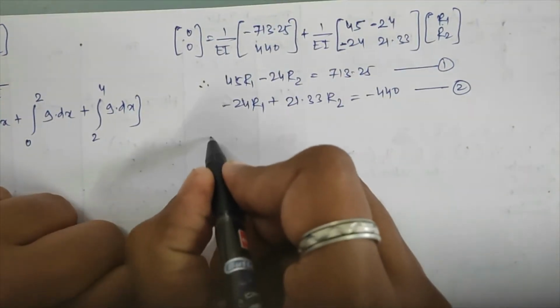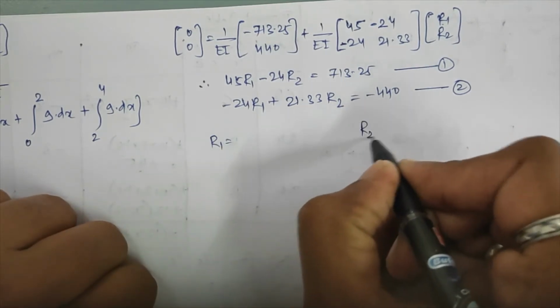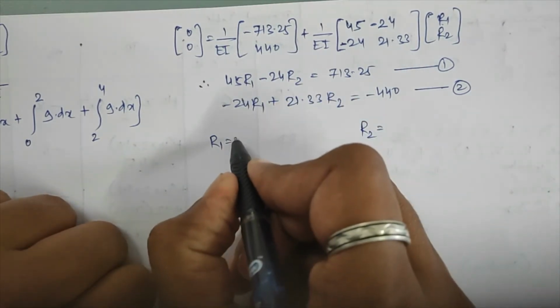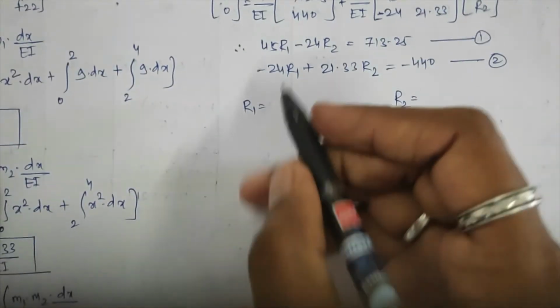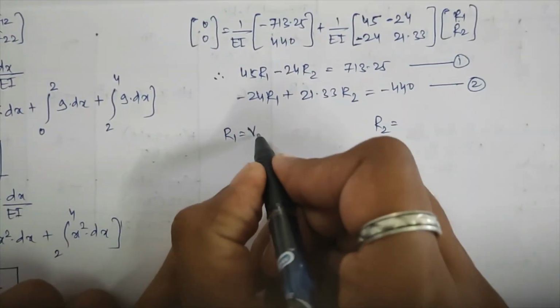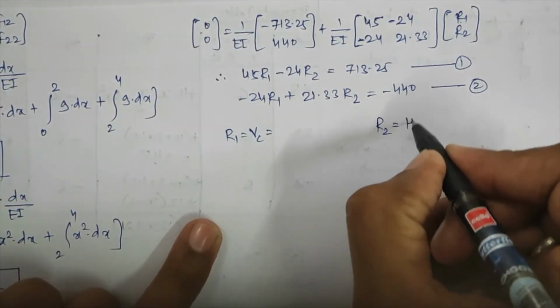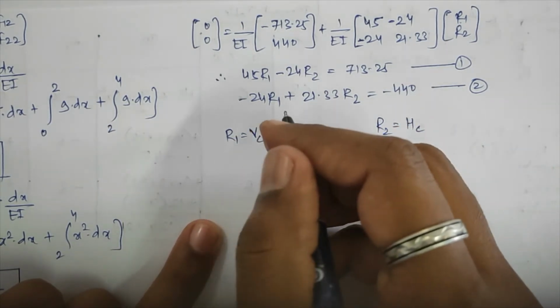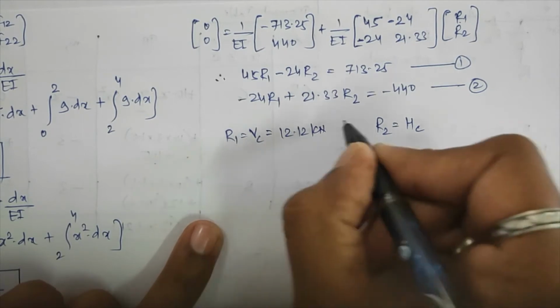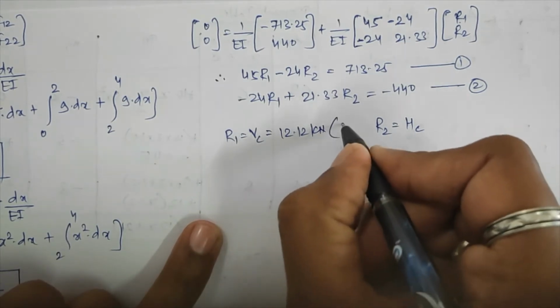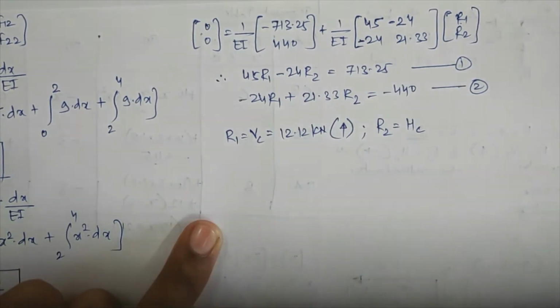If you solve this for R1 and R2 values, R1 is nothing but your vertical reaction at point C that we have taken as VC, and R2 is the horizontal reaction at C that we have taken as HC. So VC I am getting as plus 12.12 kilonewton. Plus means your assumed direction is correct, we assumed it upward, so it is okay.